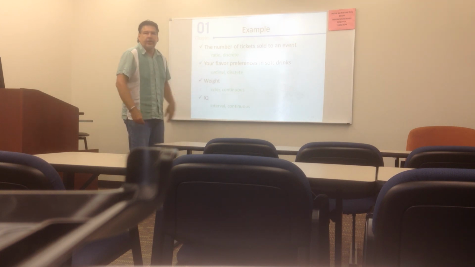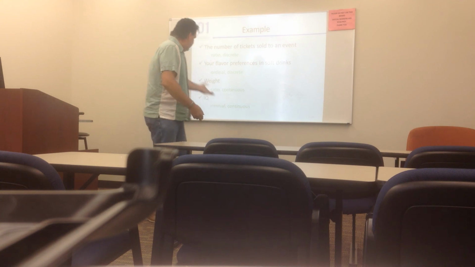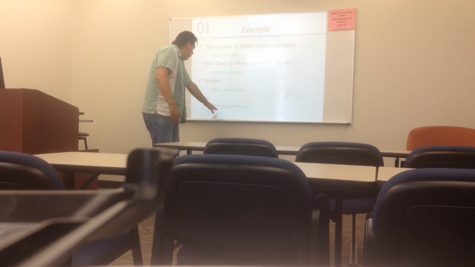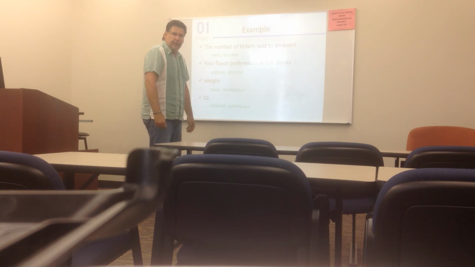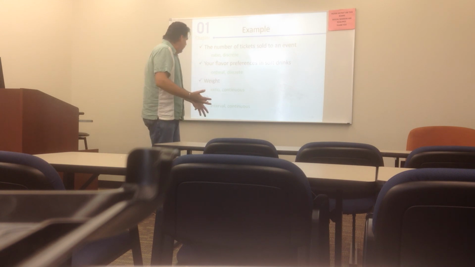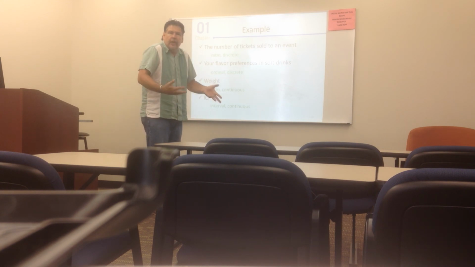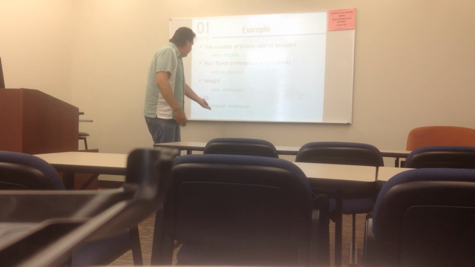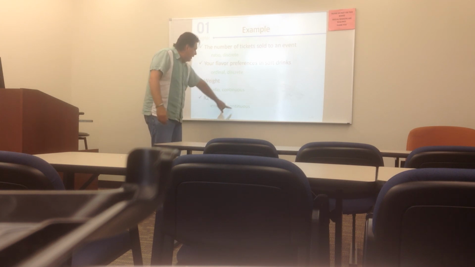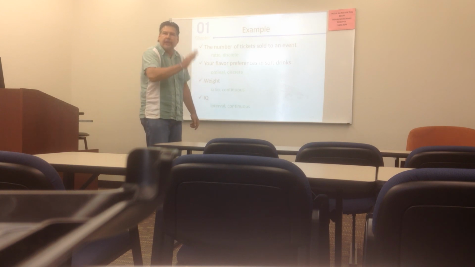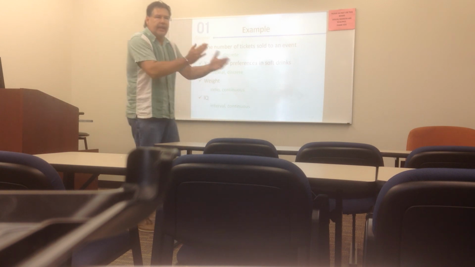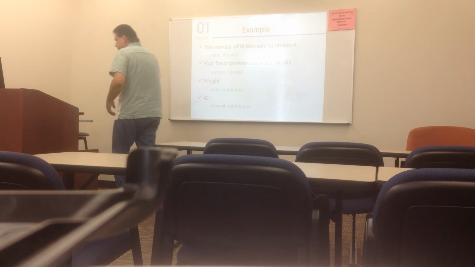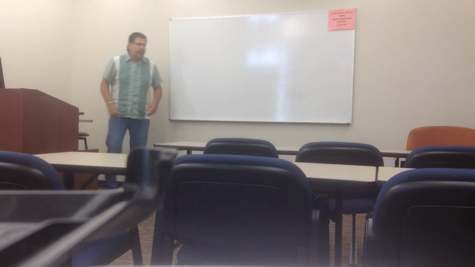And IQ is our intelligence quotient, and that will be on an interval scale because we don't really know what zero level IQ is. So it doesn't have an absolute zero. And it is continuous because we can break it down into fractions. And that's it for this section.